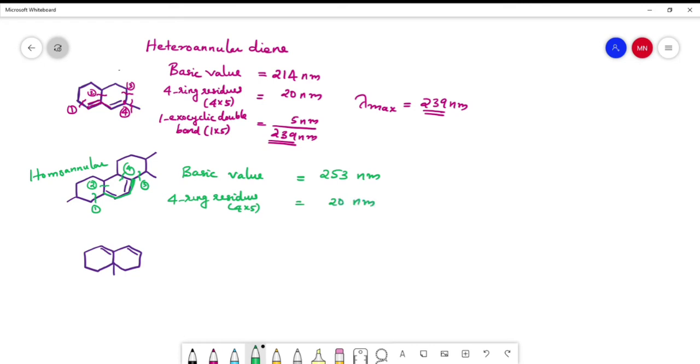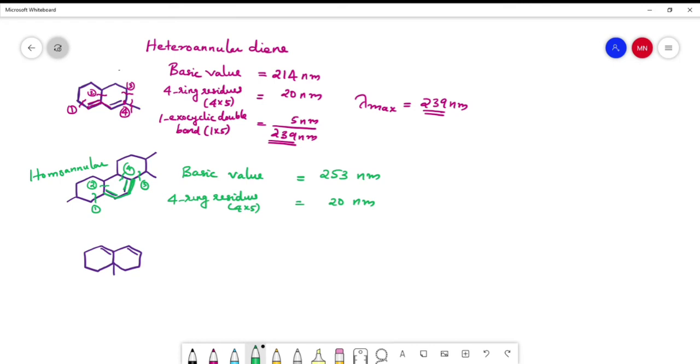Now we have to look into the exocyclic double bond nature. Over here, this particular double bond is exocyclic to the first ring, so one is over here. And this double bond is exocyclic to the third ring, whereas these two are endocyclic to ring 2.